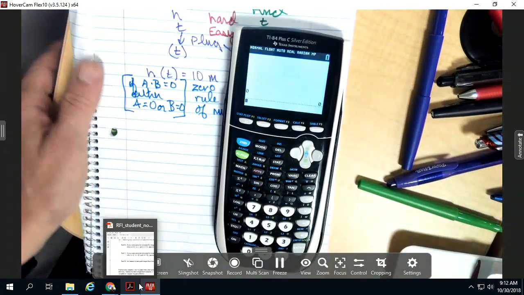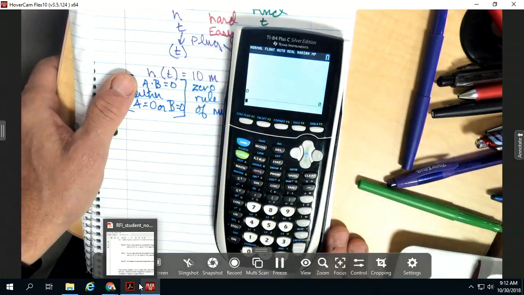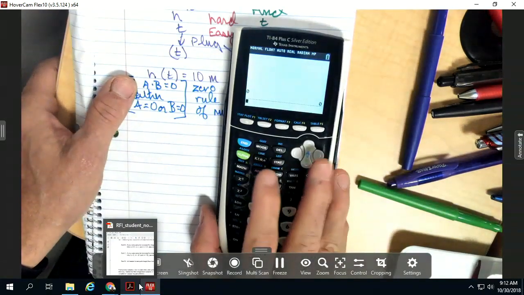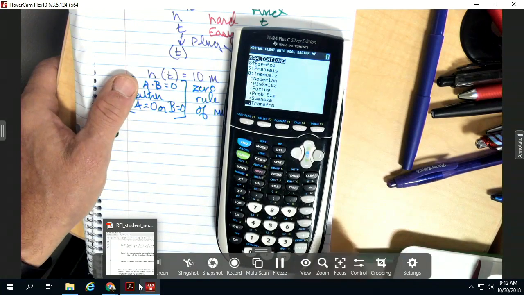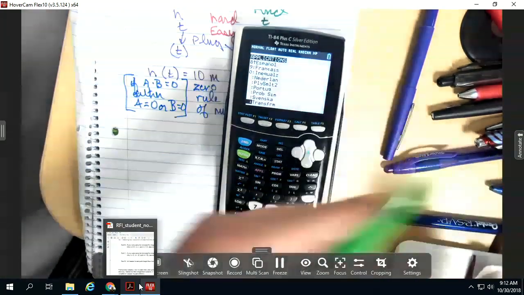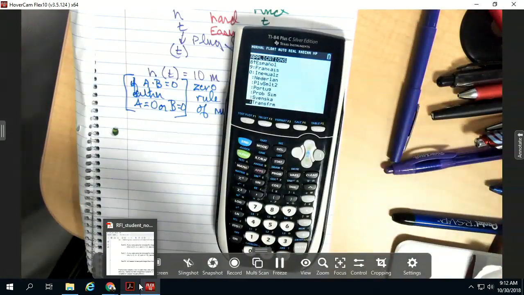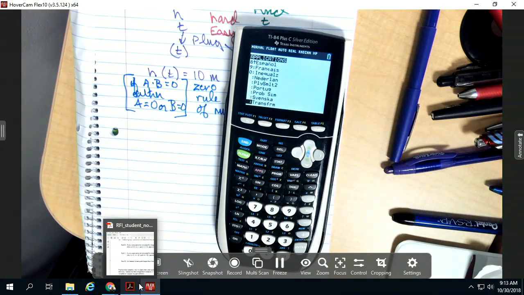The first thing that you want to do, am I going too fast for you? The first thing that you want to do is to click Apps and find the app called PolySimul 2. If you do not have that app, raise your hand. Yeah, your calculator probably doesn't.